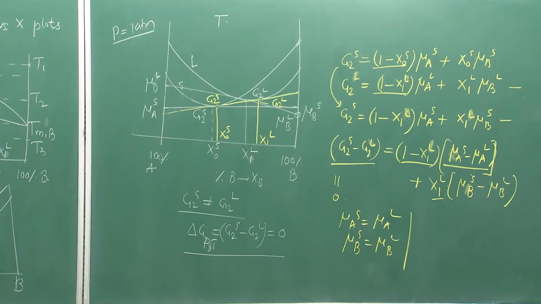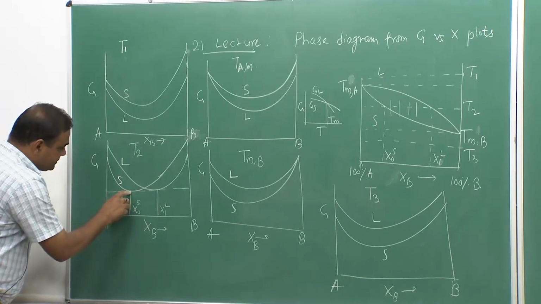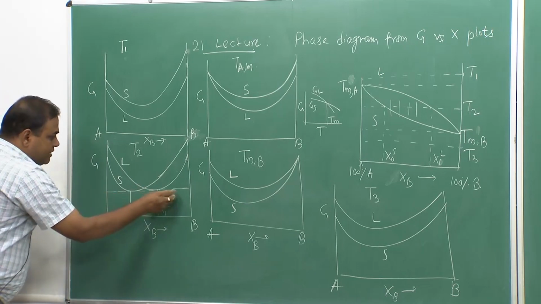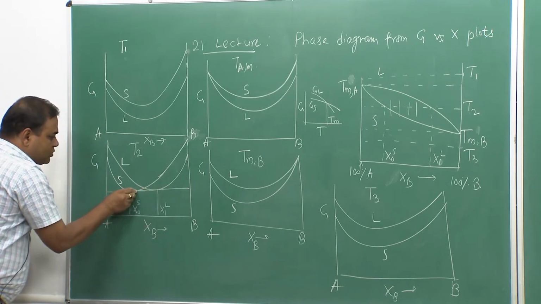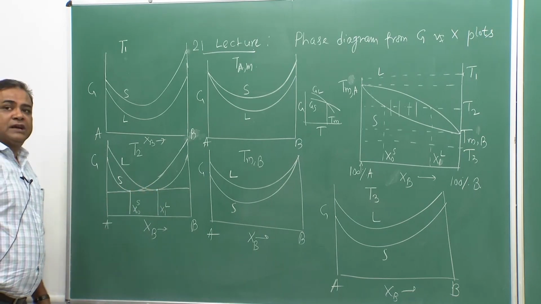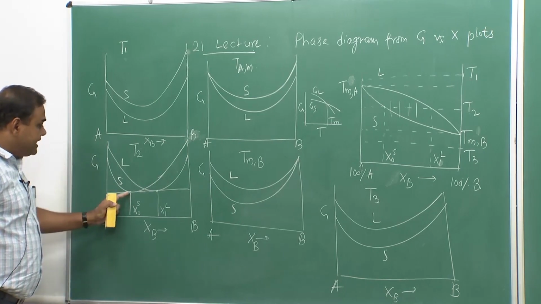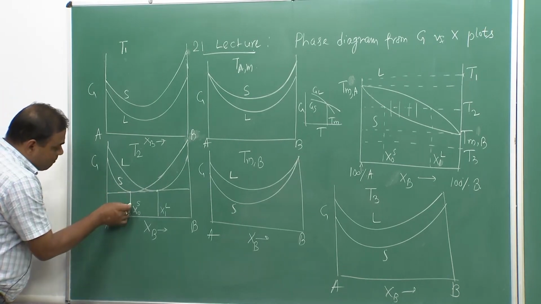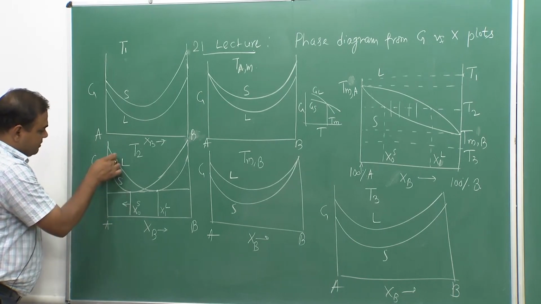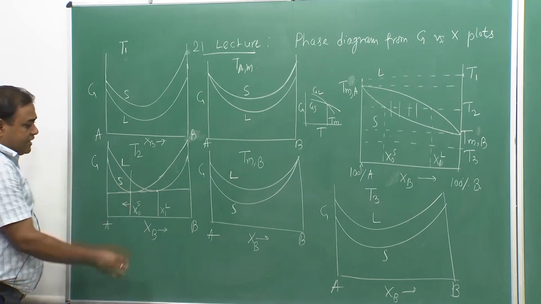Similar situation we can also see here at T2. Along this common tangent, this composition and this composition are both at equilibrium because they fall on the same common tangent. What does it mean? Below this composition, the solid free energy curve is below the liquid.